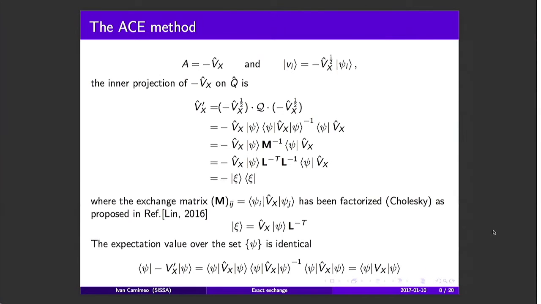So in order to build our projected operator, we just need to know how the exchange operator works on the auxiliary basis set, and we have to perform a vector matrix product with this matrix. We have to say this matrix is just the matrix representation of the exchange, so it's not a big matrix, it's just n band times n band, so it's feasible.